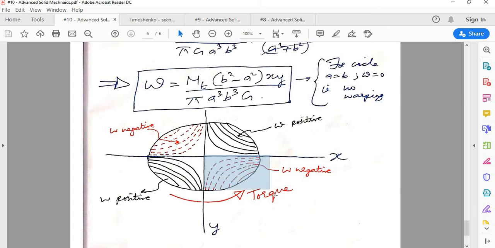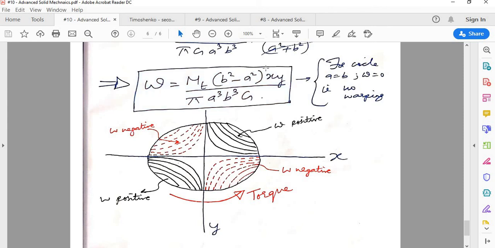So in this quadrant, x into y is positive, but this constant term we said is already negative, so this will be negative. Similarly, in this opposite quadrant also, the entire warping will be negative, and in the other two quadrants it will be positive. So these lines denote points where the warping or out of plane displacement will be constant.